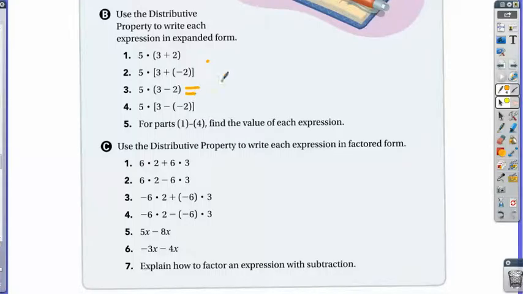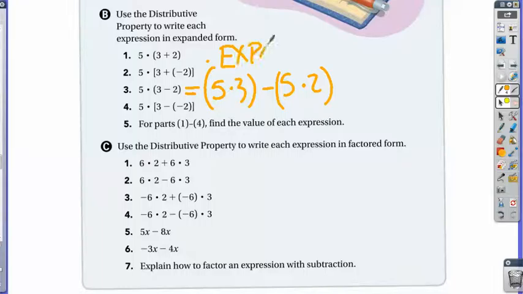So you said this was 5 times 3 minus 5 times 2. This was expanded form because you took your factored form and you did your distribution and you expanded it. You made it bigger, essentially. In this problem, you are already given expanded form, and you are being asked to turn it into factored form.